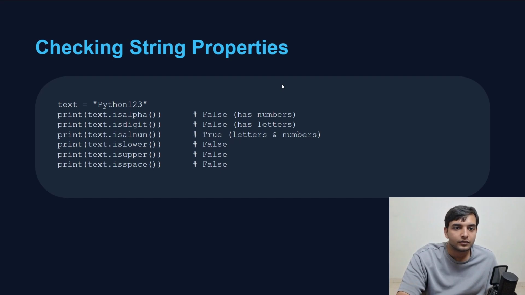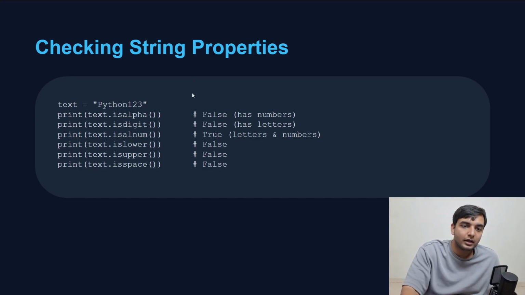Next up, we have checking string properties, as in the properties of the string. Let's take this string as an example. It contains numbers as well as characters, an alphanumeric value. We can check if it has only alphabets with isalpha, and only digits with isdigit. Is it alphanumeric?